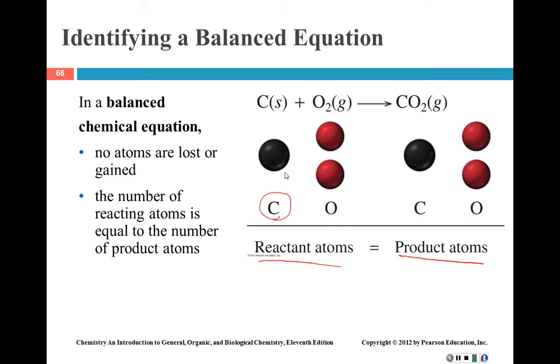If I have one C on this side of the arrow, I have to have one over there. In this case, I've got one carbon on each side, and 2 oxygens on each side. As long as I've got the same number on each side of that arrow, I'm okay.